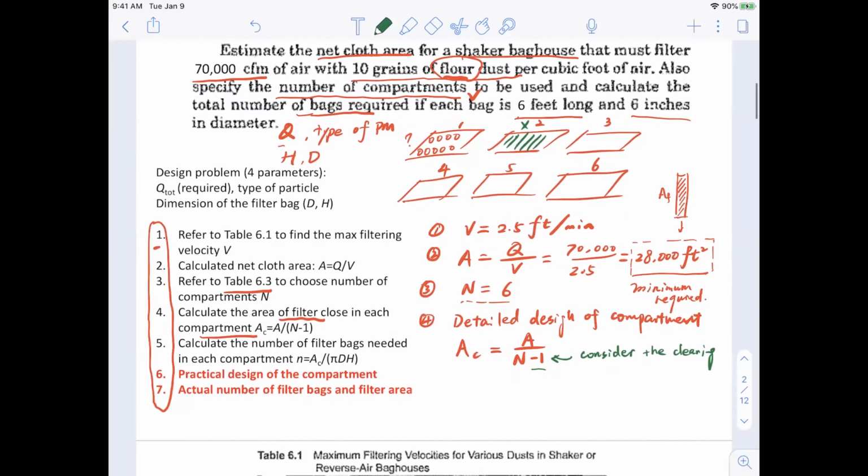So we put in 28,000 and divide that by 6 minus 1, right? This means that the remaining 5 baghouse compartments can still provide the minimum area for this design area, right?